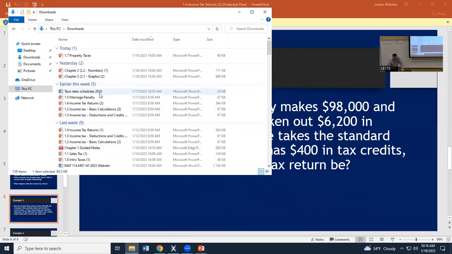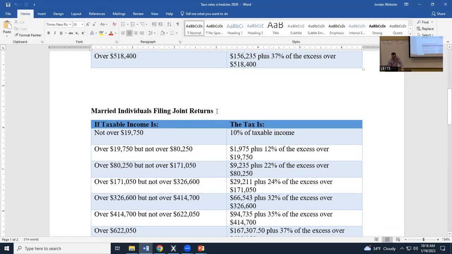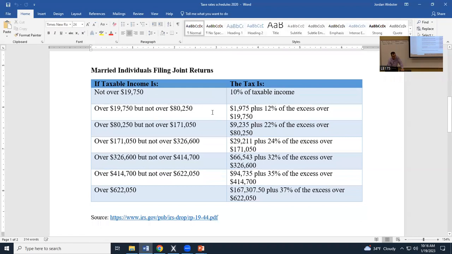So we go to our file and we want to calculate how much this couple is going to first owe in taxes. So we have to do what we did in the last section first, and then move on from that. Does that make sense?